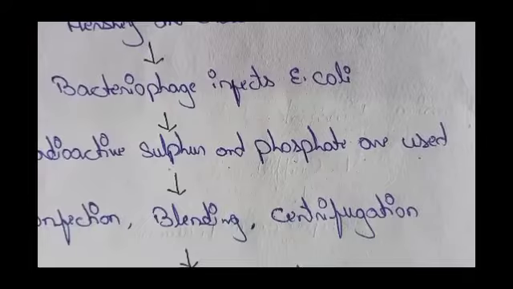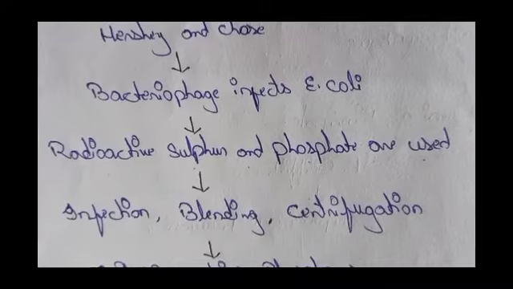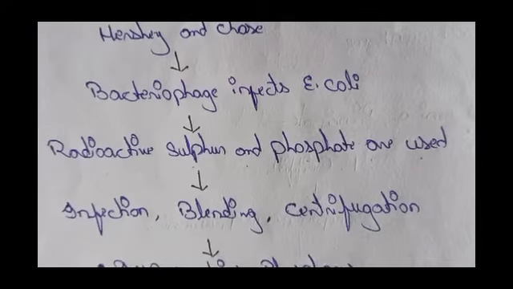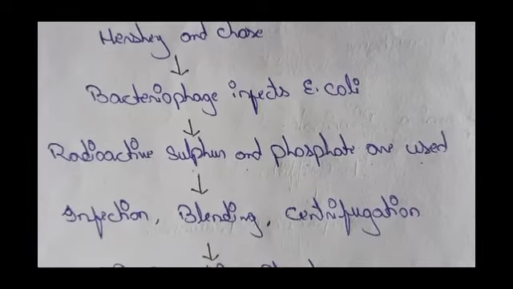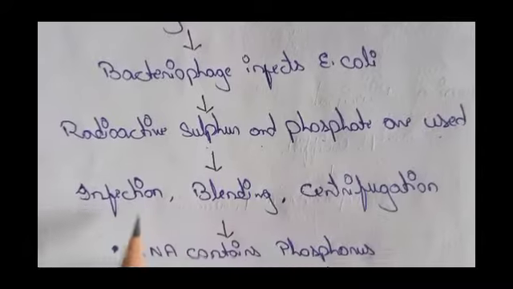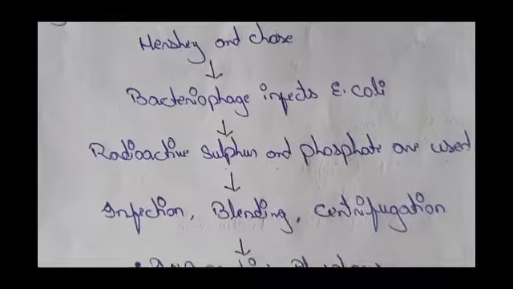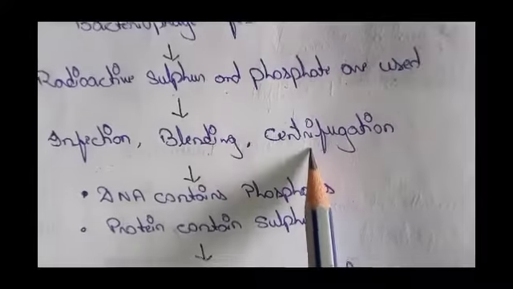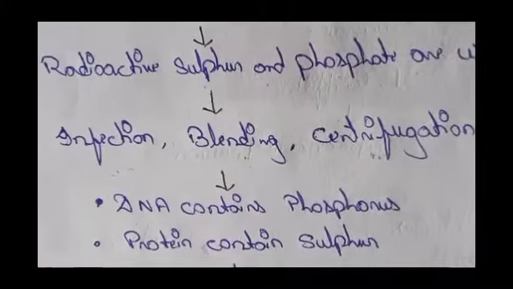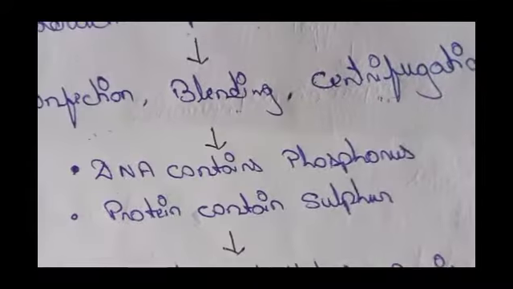Sorry, DNA is labelled with phosphorus and protein is labelled with sulfur. They worked this experiment in three steps: infection, blending and centrifugation. After this experiment they concluded that DNA contains phosphorus and protein contains sulfur.